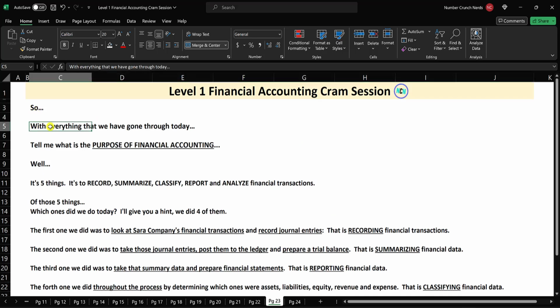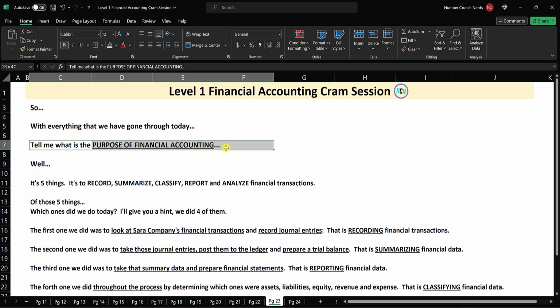So with everything that we have gone through today, tell me what the purpose of financial accounting is. Now, what you should probably be saying is that the purpose is to get ahead in life, to be the smartest person in the room, to know what others don't, to get that promotion while others are left behind.